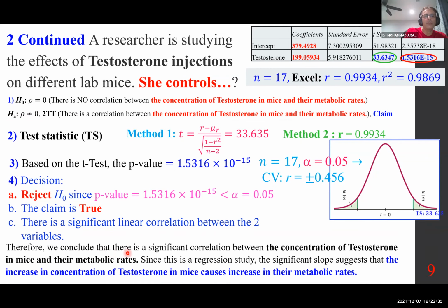Therefore, we conclude that there is a significant correlation between the concentration of testosterone in mice and their metabolic rates. Since this is a regression study, the significant slope suggests that the increase in concentration of testosterone in mice causes increase in their metabolic rates. Again, the beauty of stats at work regarding science.